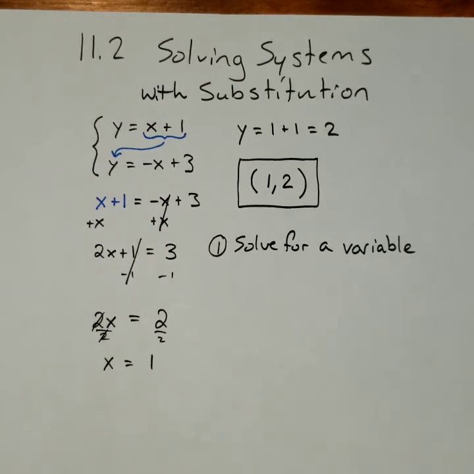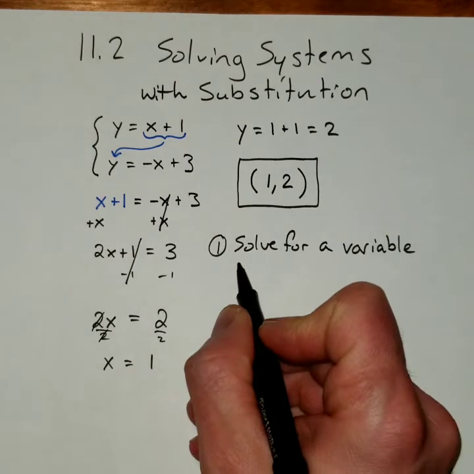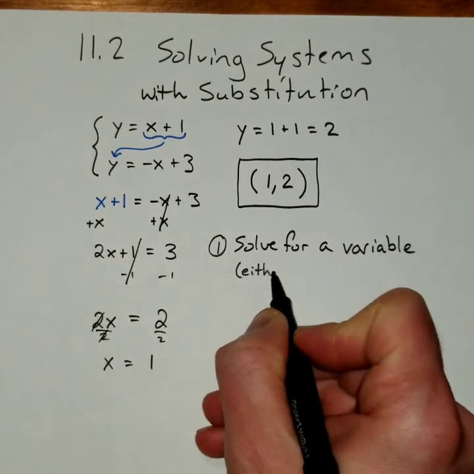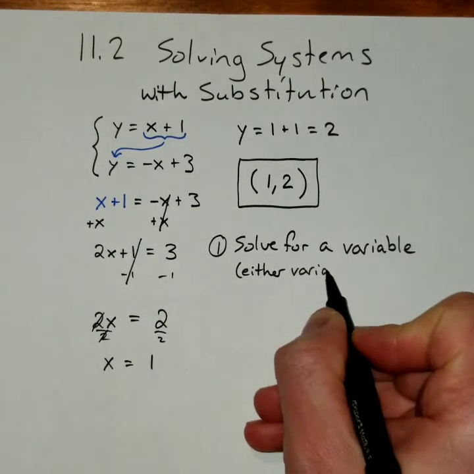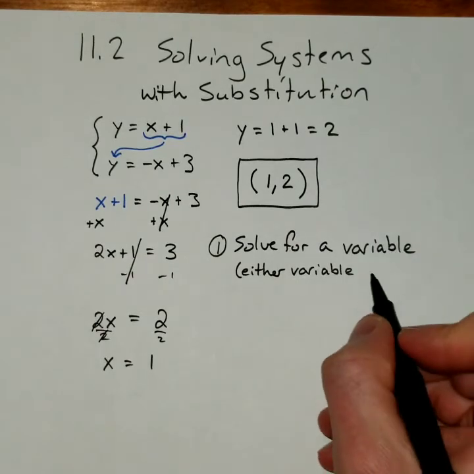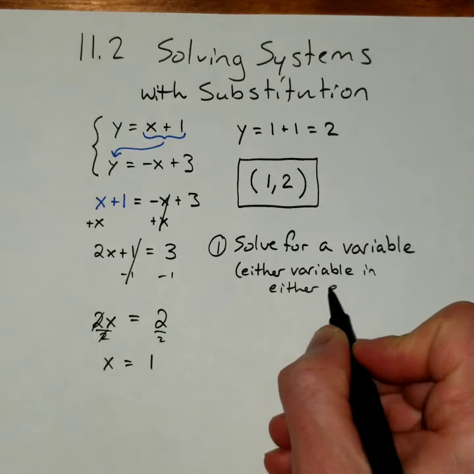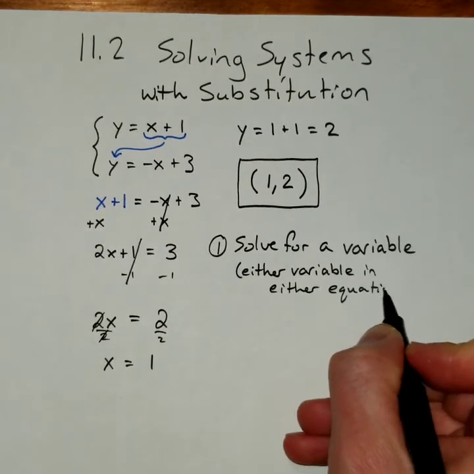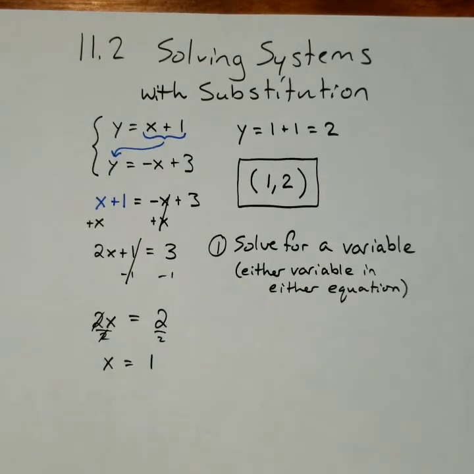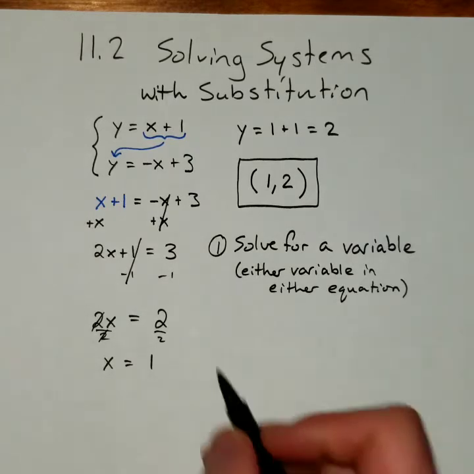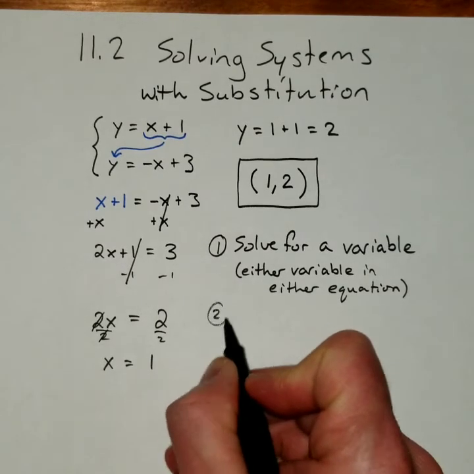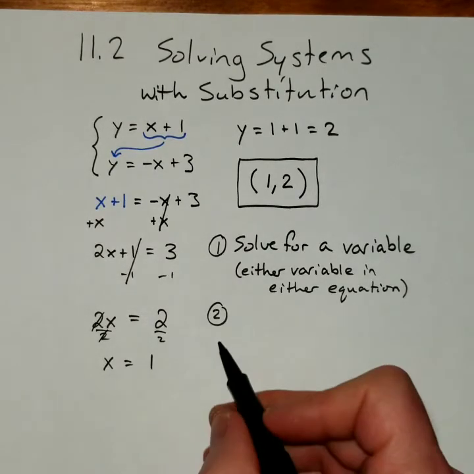It doesn't matter which variable and it doesn't matter which equation, so we're going to say either variable in either equation. Generally speaking, if you can find a variable whose coefficient is 1, that'll be the easiest one to solve for. I'll explain that in the next couple examples.